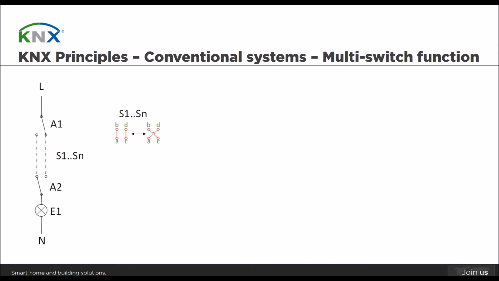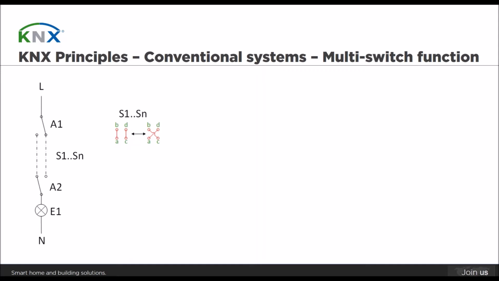The conclusion of such a table is always the same. If we want to have the lamp switched on, there are two cases. Case 1 is where A1 and A2, the two toggle switches, are in the same position.